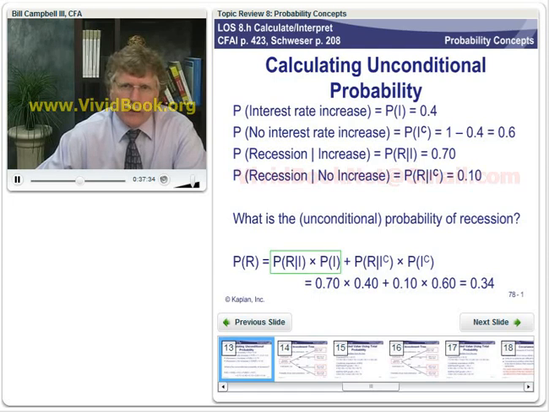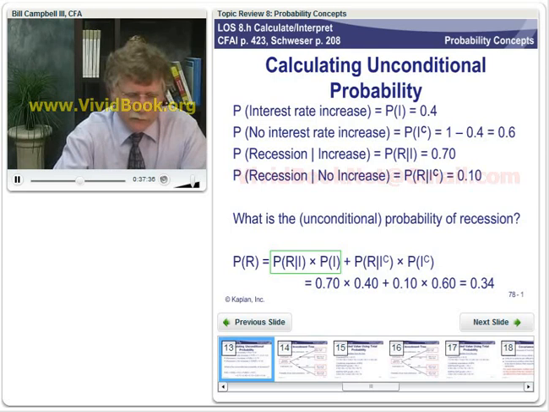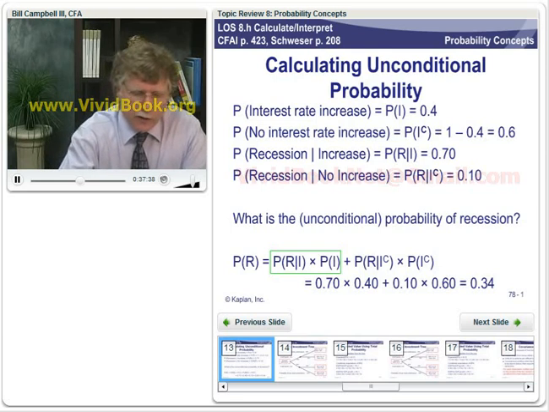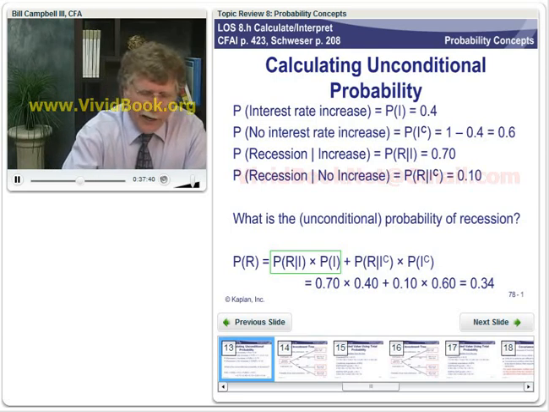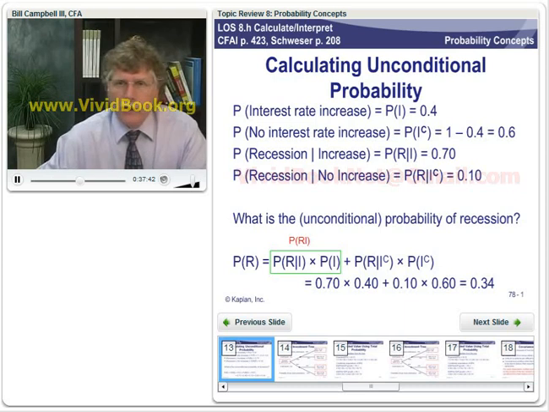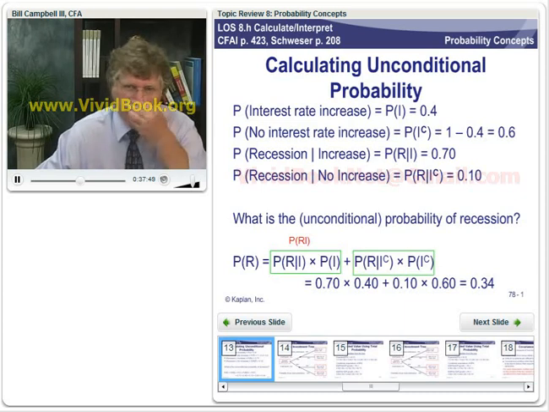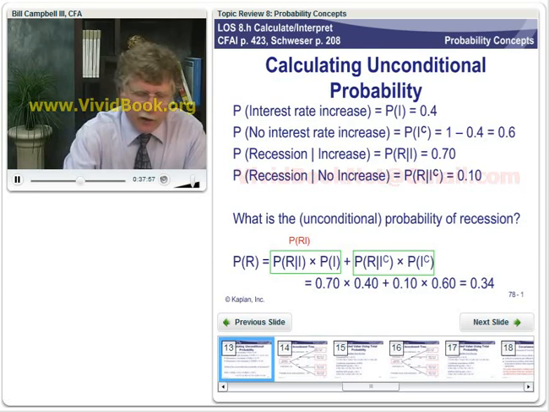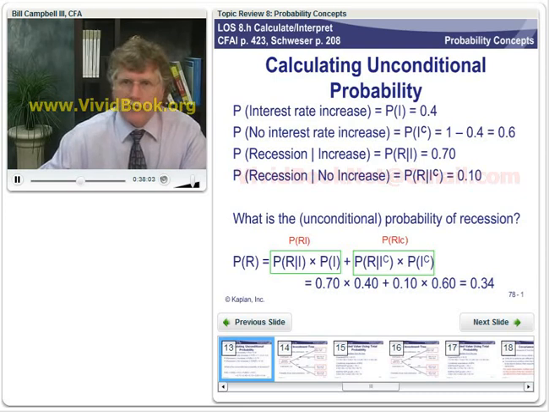Let me write that above here: the probability of R and I. This one over here is the probability of R and the complement of I. I can't do this as a superscript, so you're going to have to.